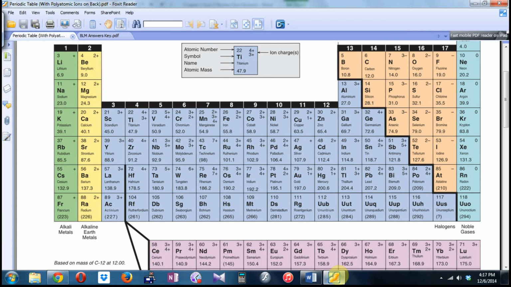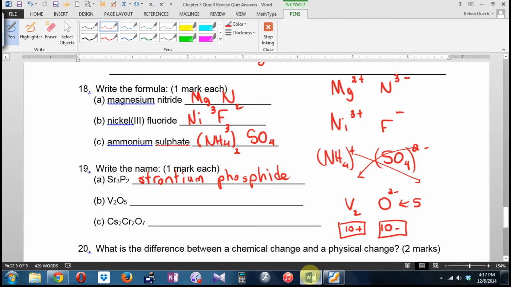So I guess vanadium, which is here, vanadium, no, that's W. Where is vanadium? Right there. Oh, good. I just wanted to double check. It's going to have to be a charge of 5. It's going to be vanadium 5 oxide.